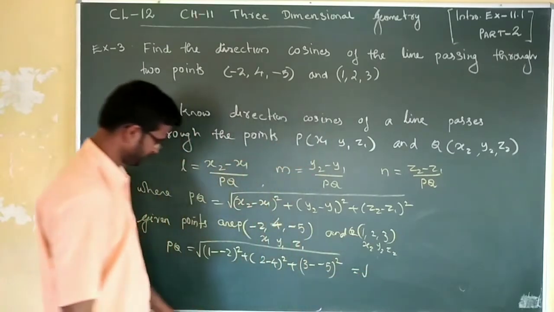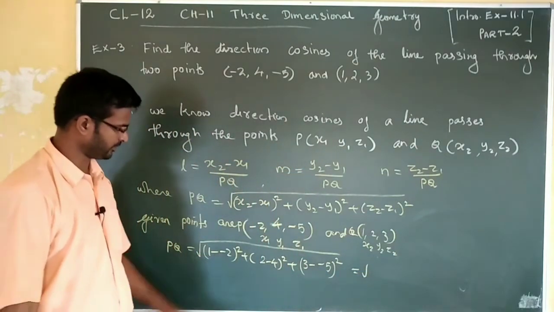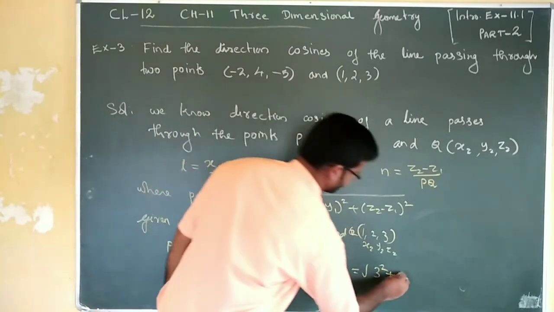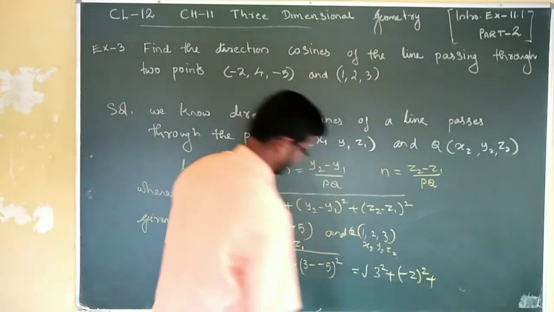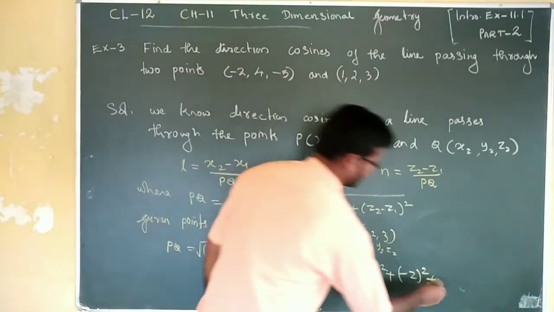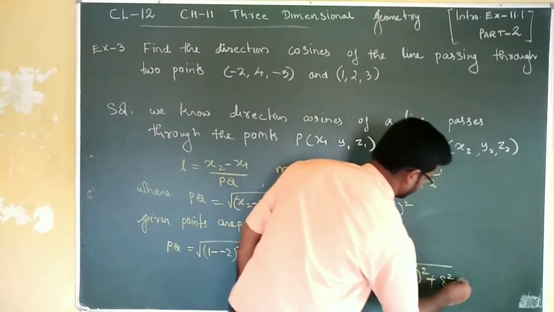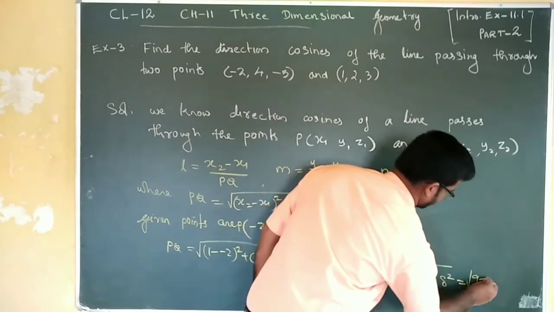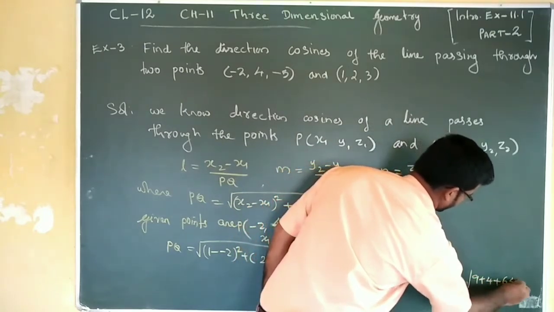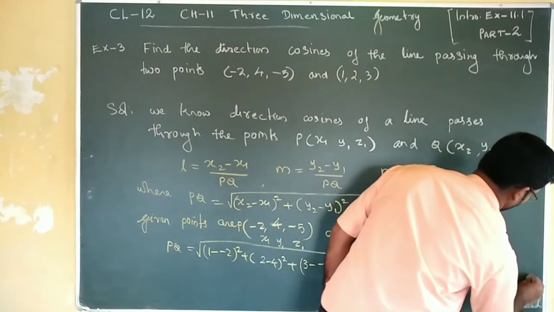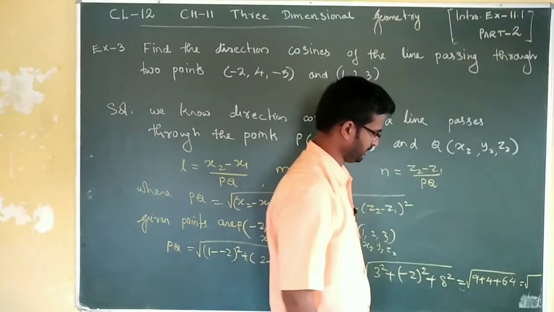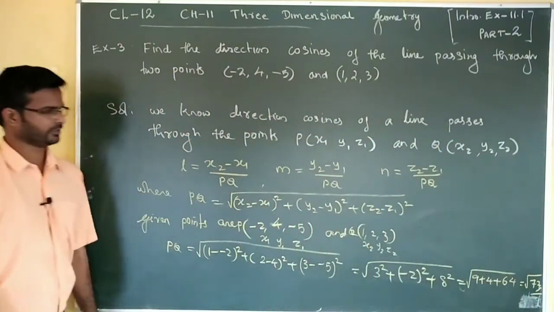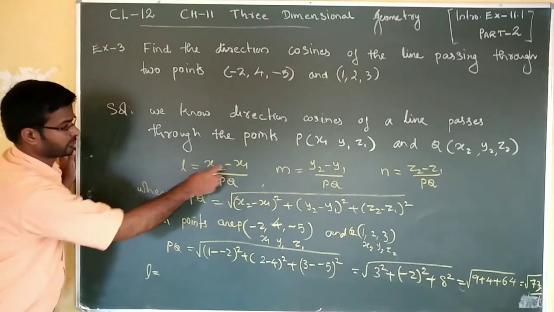Equal to square root of, what do you get here? 1 minus minus 2 is 3, 3 square, plus here minus 2 square, then 3 plus 5, 8 square. Equal to square root of 9 plus 4 plus 64. Root of 9 plus 4, 13, plus 64, 77. PQ is root 77.